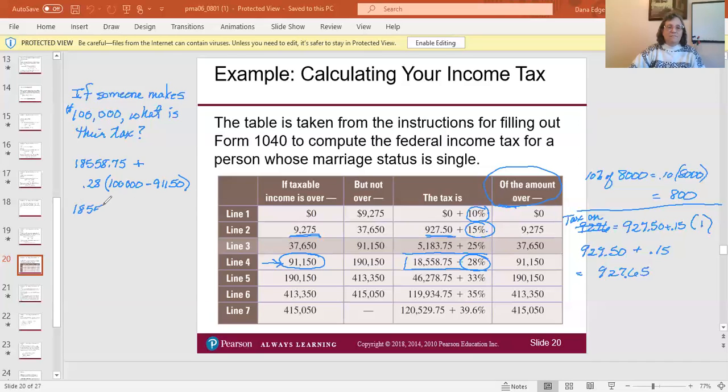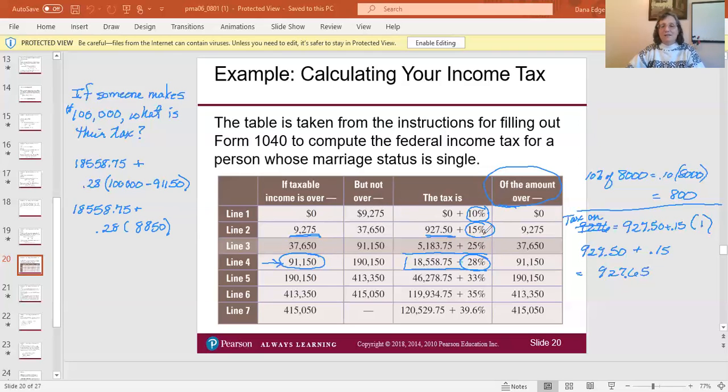So it's 18,558.75 plus 0.28 times $88.50 (the amount over).